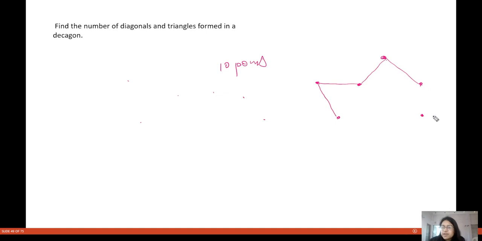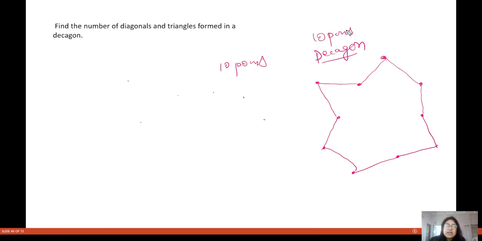Let us make 5 more points: 6, 7, 8, 9, and let us say this is 10. So this is a decagon, and it has 10 points.